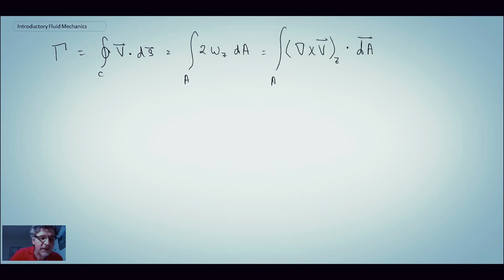And that equation is Stokes' theorem. What it does is it relates this line integral to an area integral of the vorticity. So the velocity integral was equal to the vorticity integrated over the area that we're looking at.